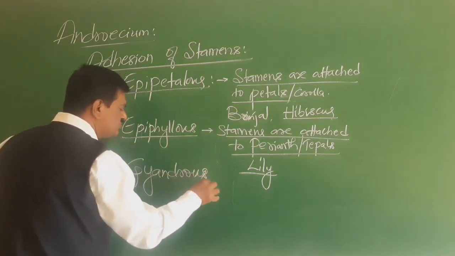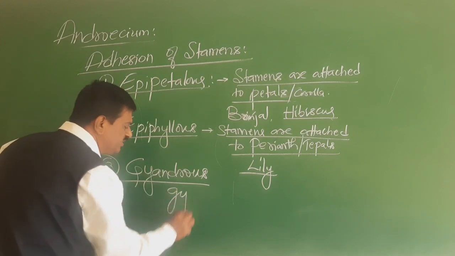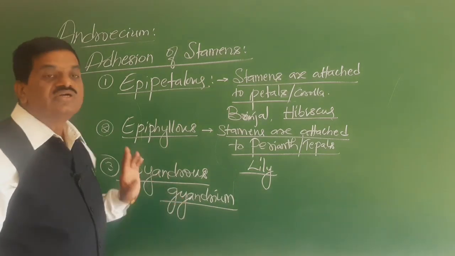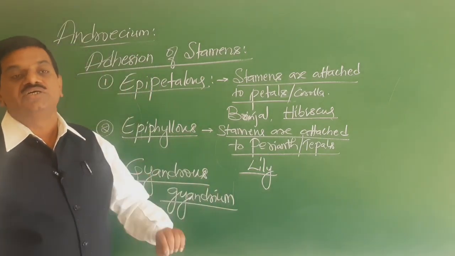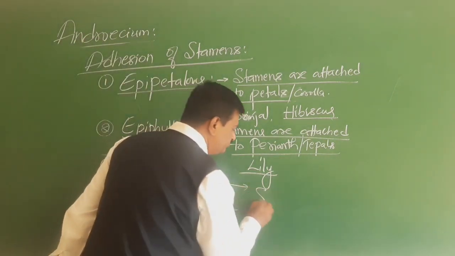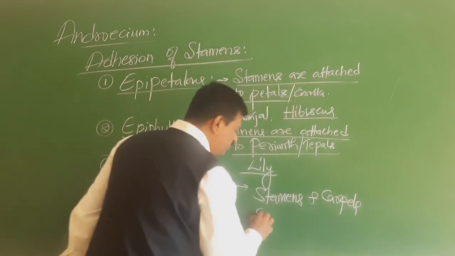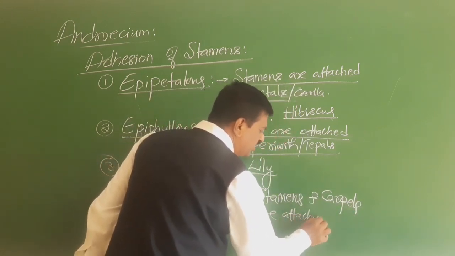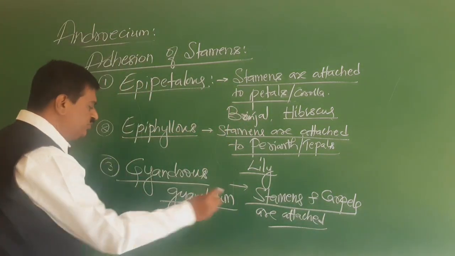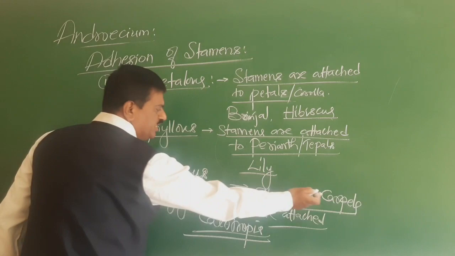And we go for the next one called gynandrous. Gynandrous is also called gynandrium. Here the stamens and the carpels are attached or united, which is called gynandrous. This can be noticed in Calotropis. In Calotropis, you can see stamens and carpels united.